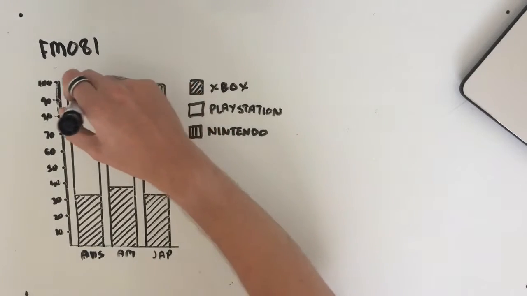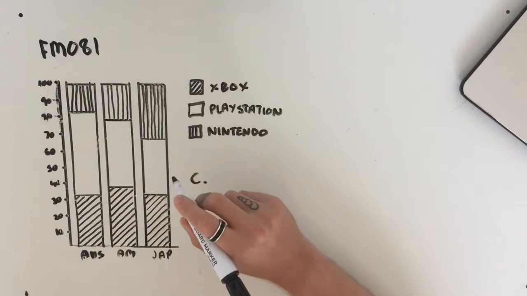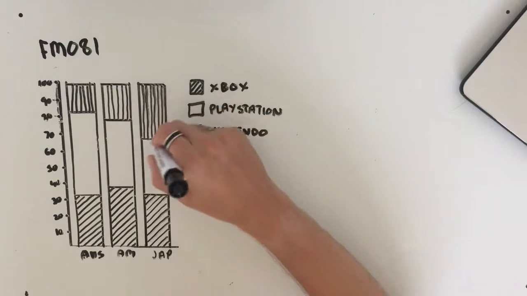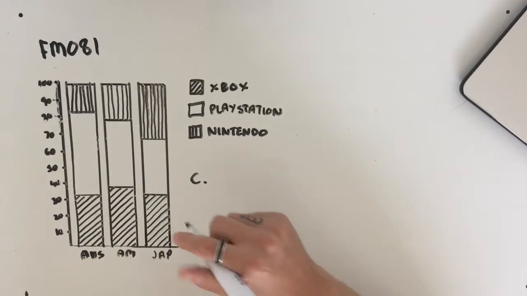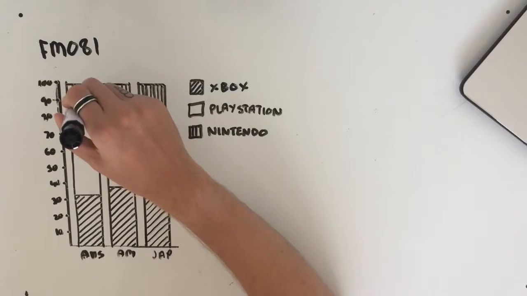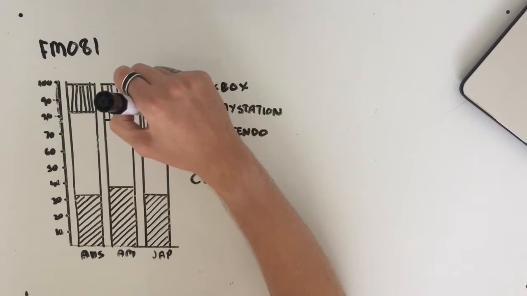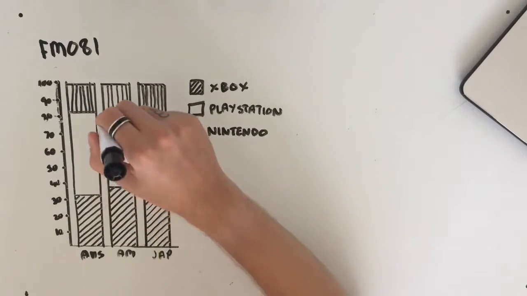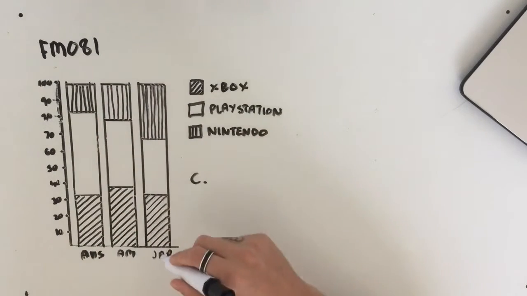And the largest population percentage belongs to Japan at 34%. The key points here are that we use exact values, 18, 22, and 34, and we also relate it back to the country: the 18 belongs to Australia, the 22 belongs to America, and the 34 belongs to Japan, showing the difference across each of the different countries.